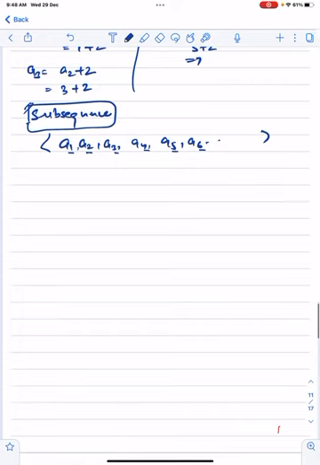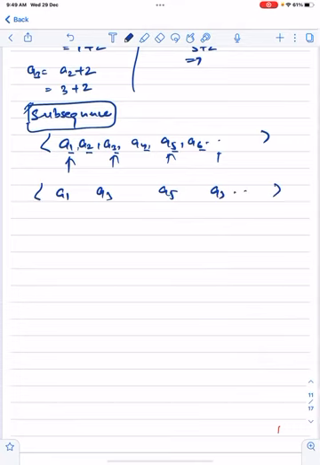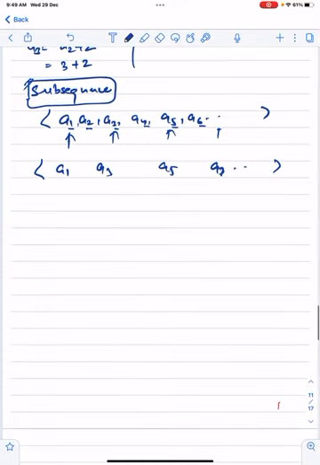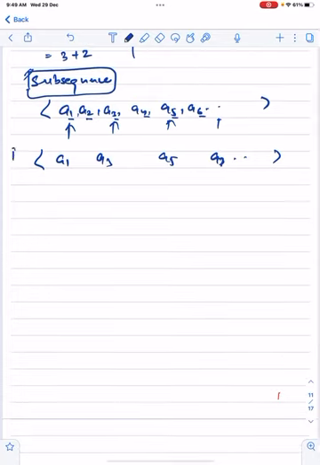For a subsequence, you just choose some of these terms: a1, a3, a5, a7. But you must keep in mind that this order should not be changed. It should be in increasing order of the natural numbers: 1, 3, 5, 7. You can't write it like a1, a5, a3 and so on. So this is one subsequence.